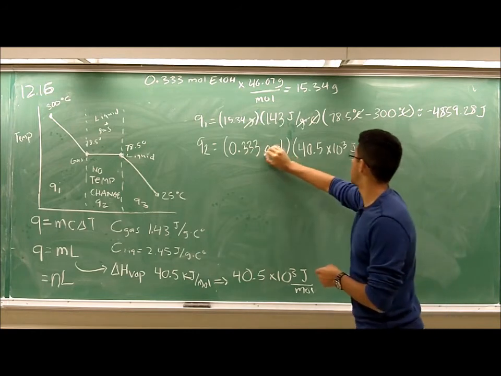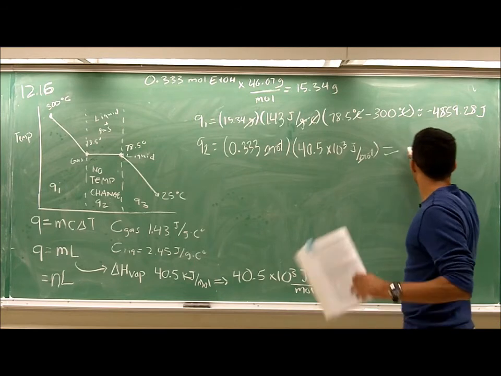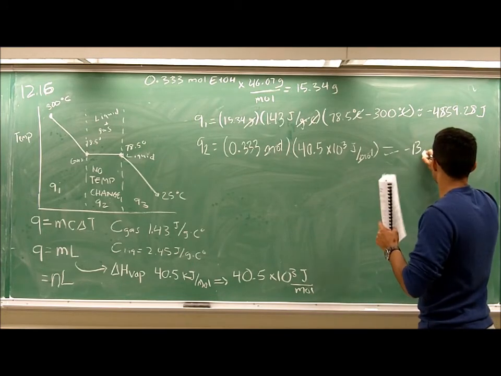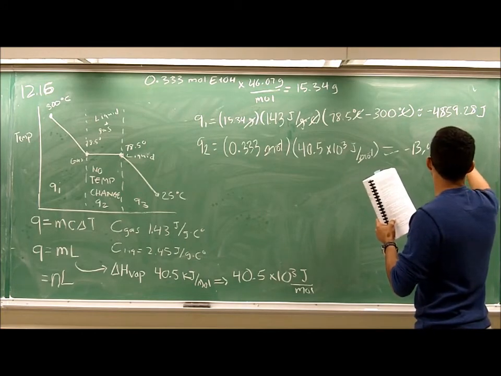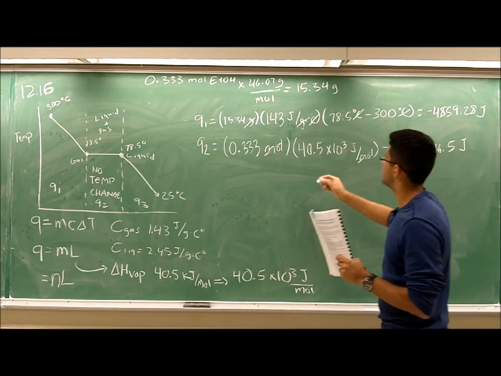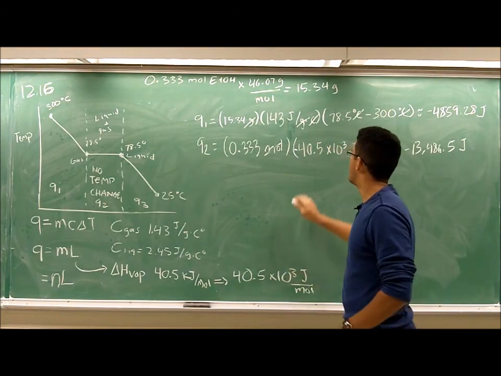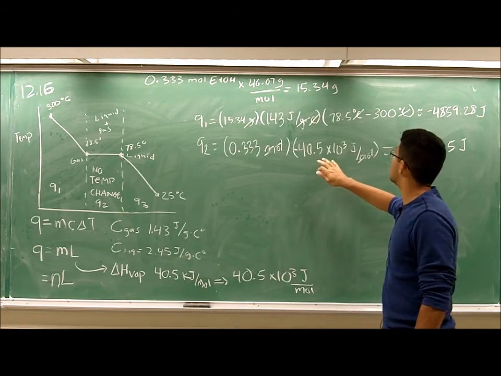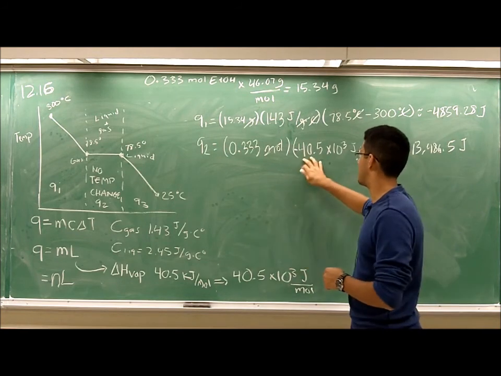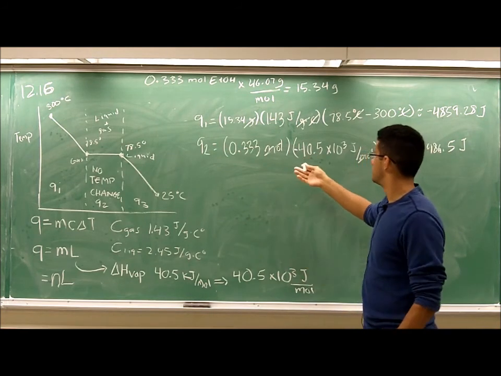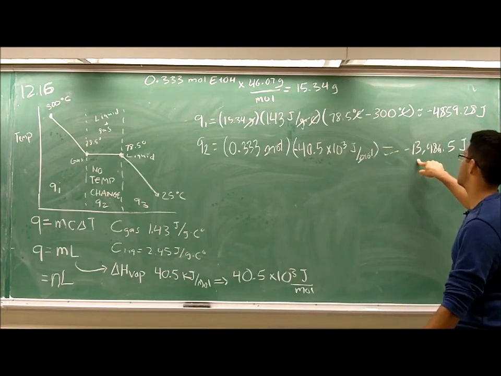Moles cancels out, your answer's in joules, and that's approximately negative 13,486.5. I forgot to add a negative sign here. Because you're going from a gas to a liquid, the heat of vaporization is actually negative. If you're going from a liquid to a gas, it would be positive. So it's the first case, gas to liquid, so this is negative, and that's why your answer is negative.